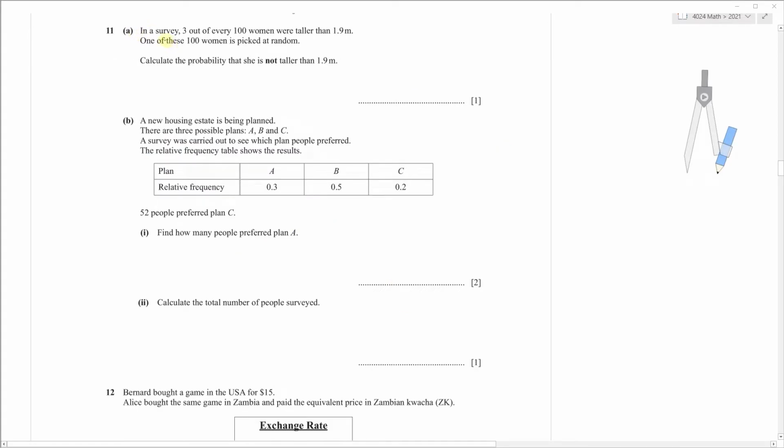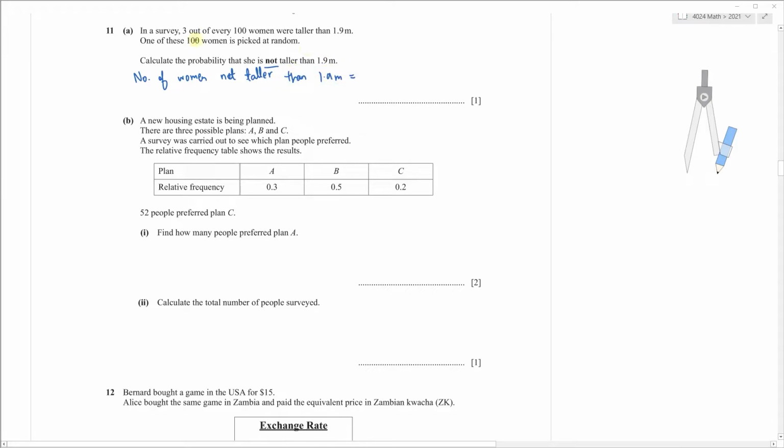Question number 11, part A is, in a survey, 3 out of every 100 women were taller than 1.9 meters. One of these 100 women is picked at random. Calculate the probability that she is not taller than 1.9 meters. So let's first calculate number of women not taller than 1.9 meters.